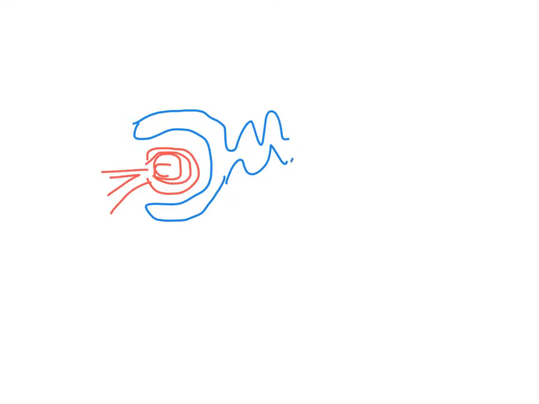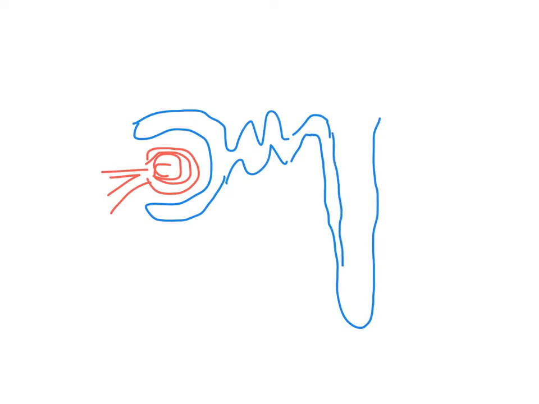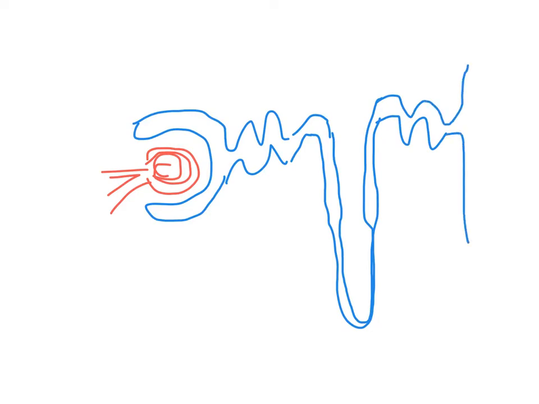We leave the proximal convoluted tubule and enter the descending limb of the loop of Henle, and you have thick portions and thin portions of that. Not that I'm very decent at drawing it here. We leave the ascending loop of Henle, go into the distal convoluted tubule, and then from there into the collecting duct, which will end up going to the papilla, which will empty into the minor calyx.